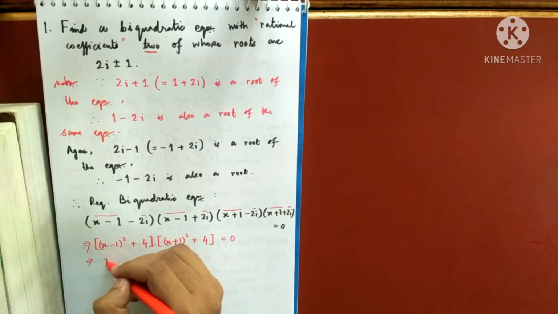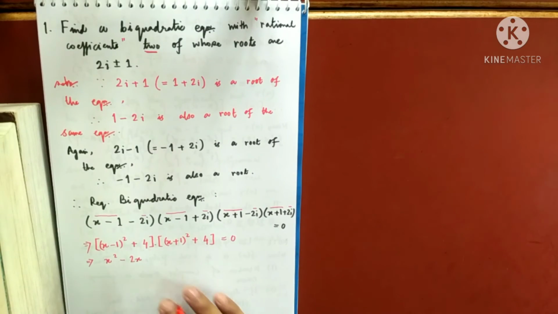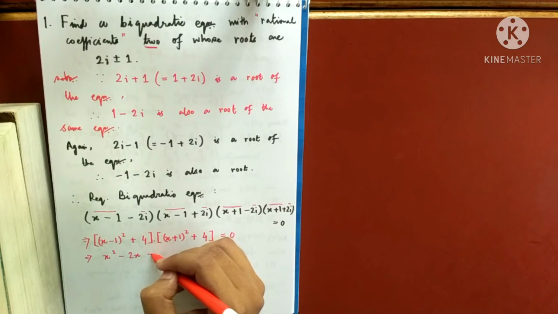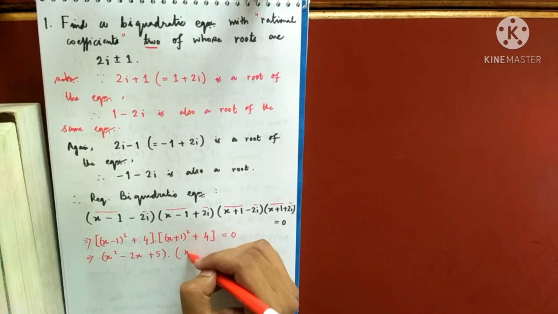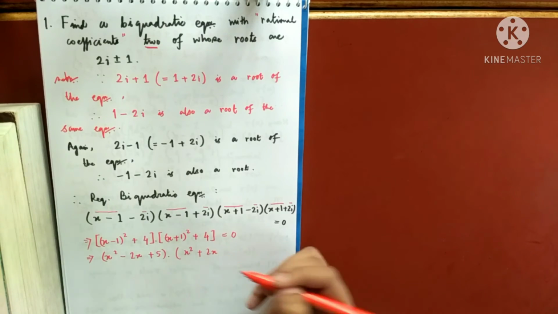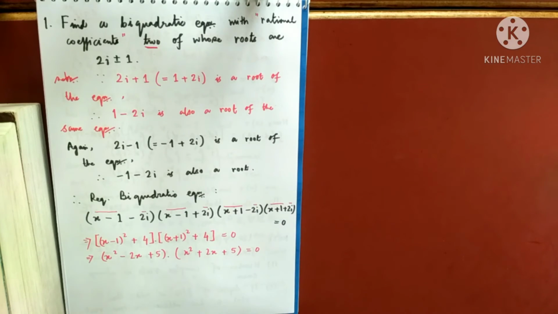So this will become what? x square minus 2x, then plus 1. So this will become plus 5, into x square plus 2x plus 5, right? I hope you are getting my point. So a square minus 2ab, plus 1 plus 4 plus 5.